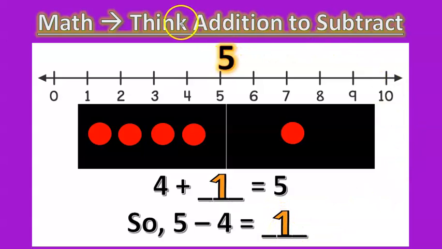And like I said, that's what we call this title here. Let's read it together. Read with me. Think addition to subtract. Let's read it again. Think addition to subtract. Okay?